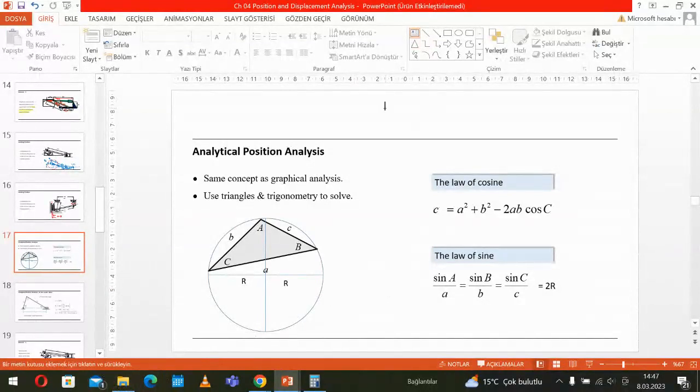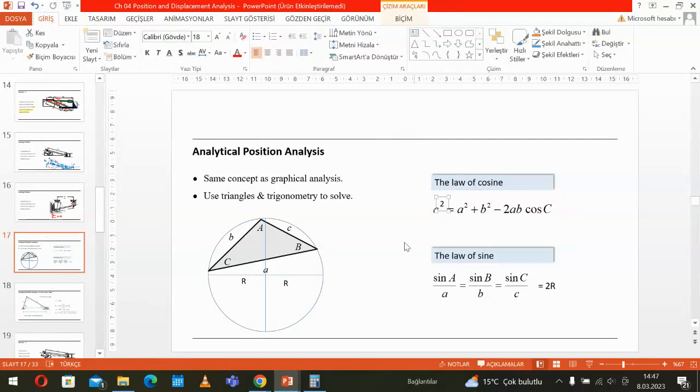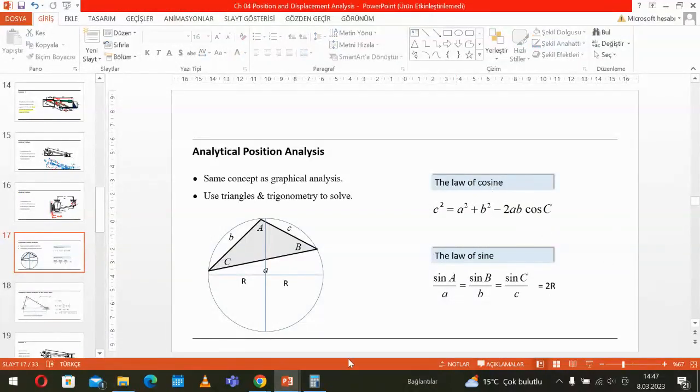So I have to correct it here. Okay, now it's correct. C square is equal to A square plus B square minus 2AB cosine C.